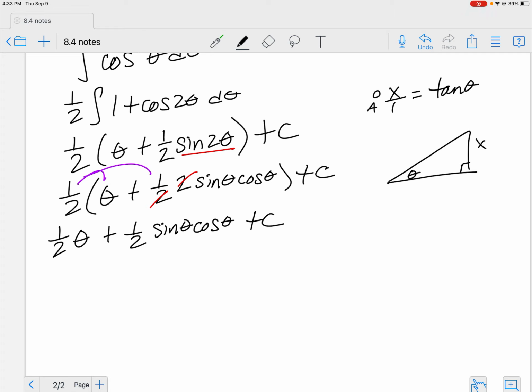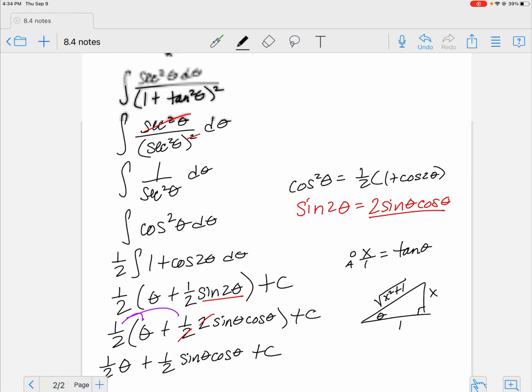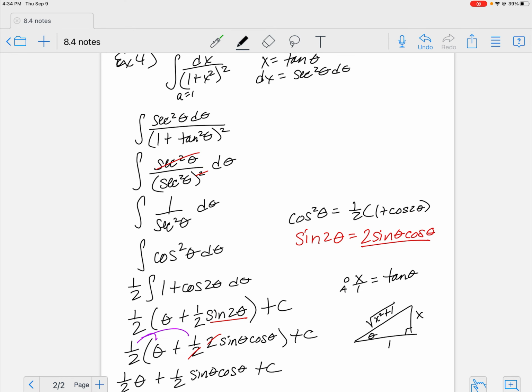And whenever you're looking at this, the hypotenuse is going to be the square root of x squared plus 1, or 1 plus x squared. Sorry for all the back and forth. But here we are with the same thing. And it's always under that radical because the Pythagorean theorem puts it underneath that radical. Okay.